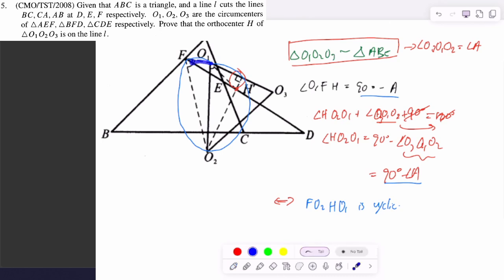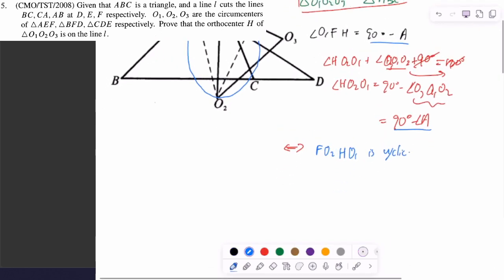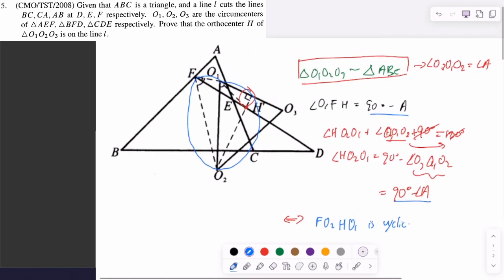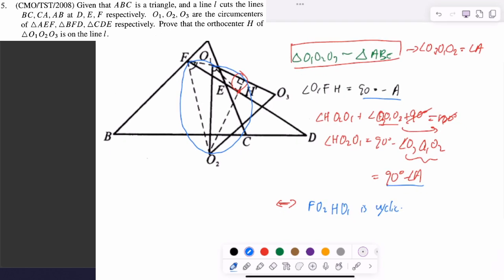So basically this equal to this means that it's cyclic. Okay. Knowing that it's cyclic, let's see what you can do.